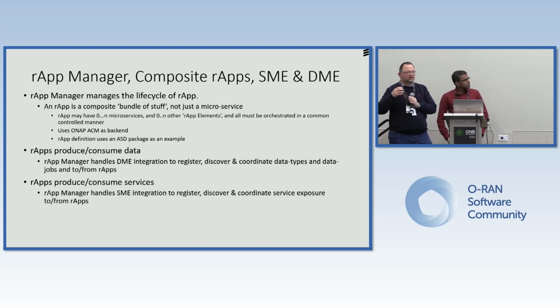We also said that rApps are unique in that they have controlled access to produce and consume data using the R1 DME, Data Management and Exposure family of specifications. An rApp also has access to produce and consume services via the R1 SME, Service Management and Exposure family of specifications that are happening in Working Group 2 in O-RAN.